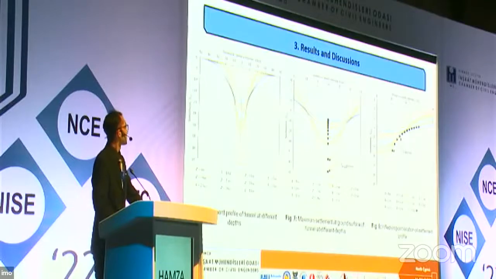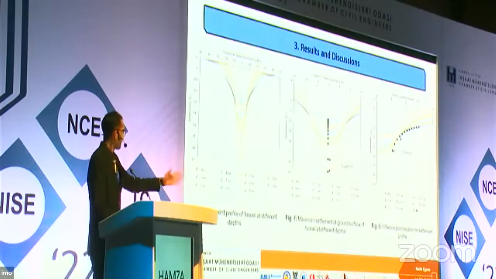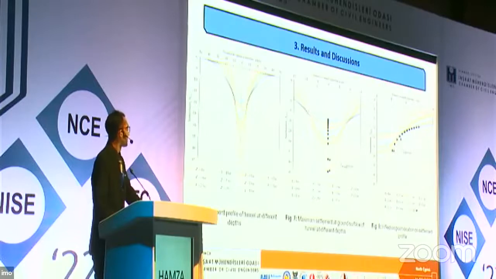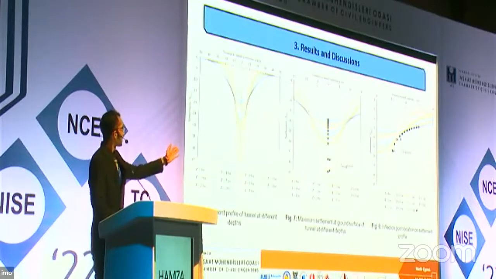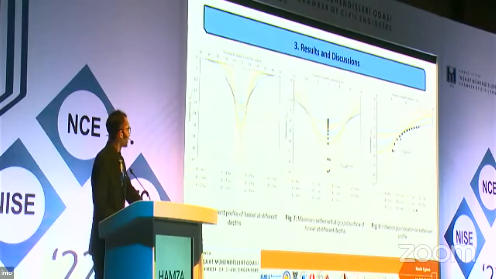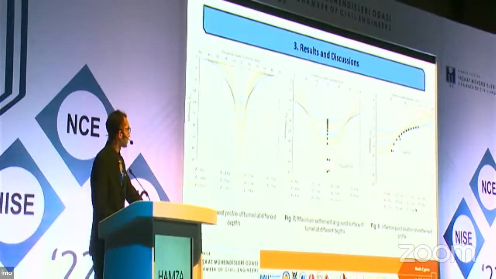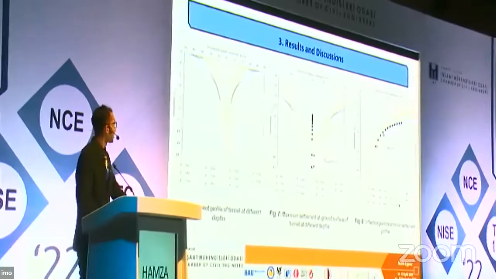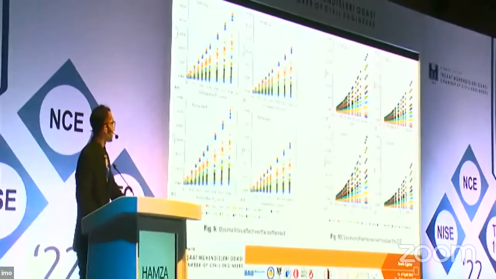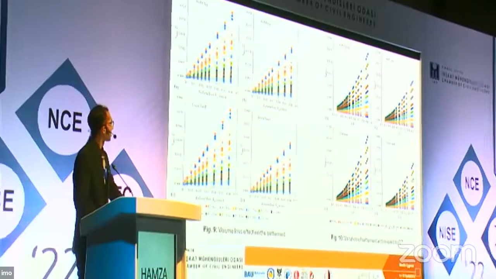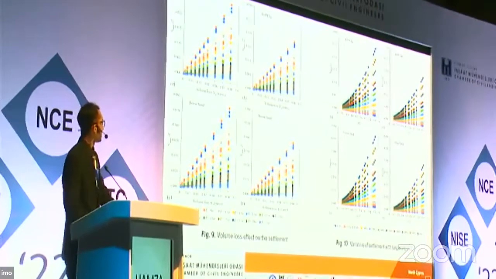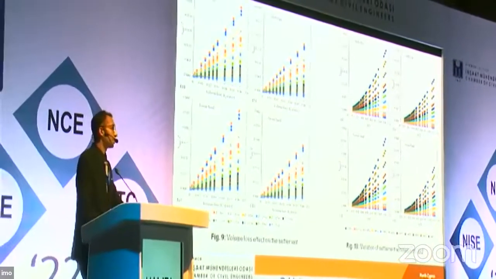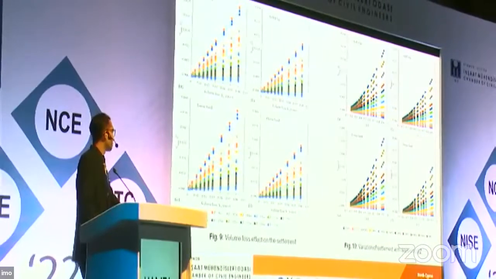In the results and discussion part, here is the soil profile for one specific parameter of the tunnel lining. Then in the second figure, we have the maximum settlement points we selected at the ground surface, and then the inflection point. Based on all these analyses, in figure 9 we have the variation of the volume loss in terms of the settlement, so it is linearly related.